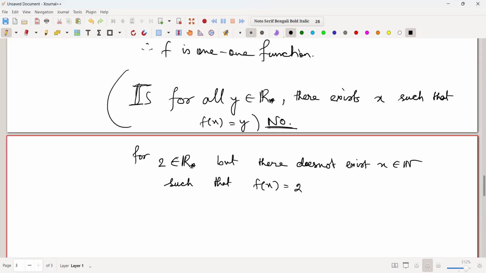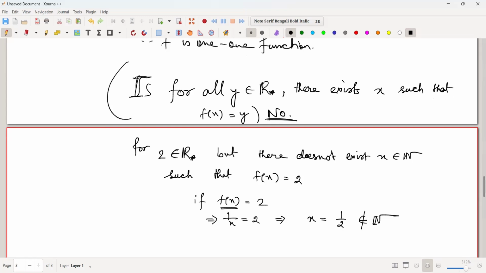because if f(x) equals 2, that implies, what is the definition of f(x)? 1 by x equals 2. That implies x equals 1 by 2. This does not belong to natural numbers.